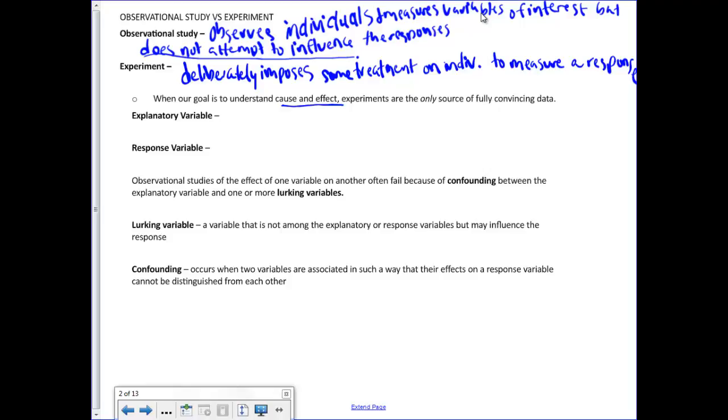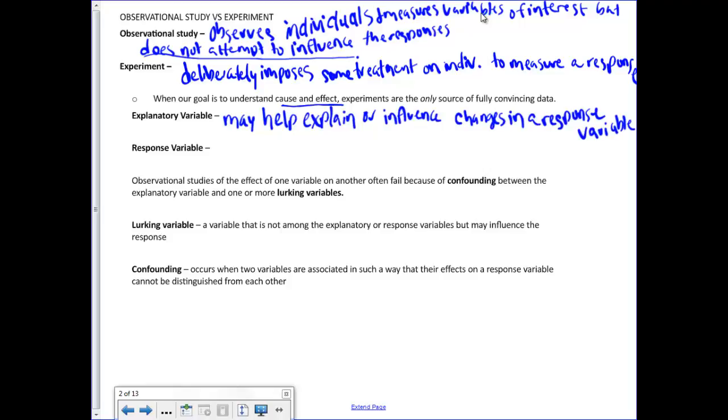Number 3, explanatory and response variable. Keep your book open because we're going to come back to this in a second. An explanatory variable may help explain or influence changes in a response variable. What's a response variable?